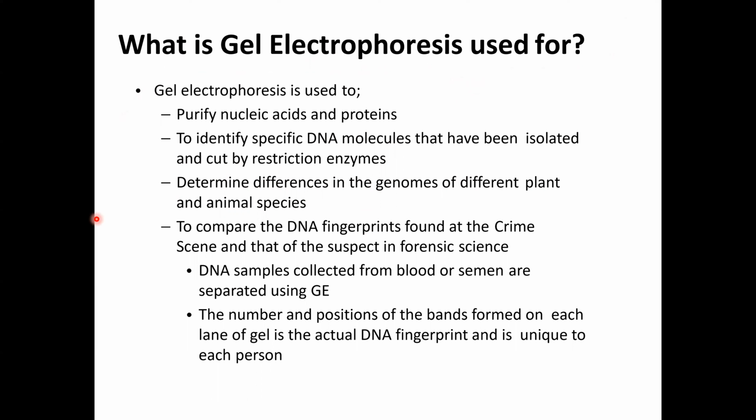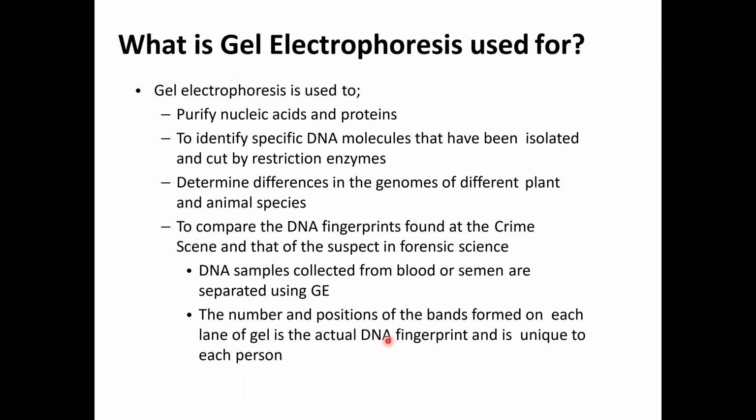Another purpose is to compare DNA fingerprints, for example in forensic crime, which is the subject of forensic science. Your DNA sample could be collected from blood or semen and separated using gel electrophoresis.